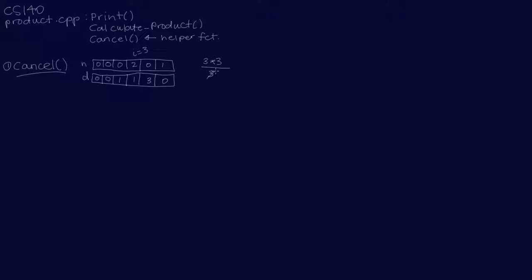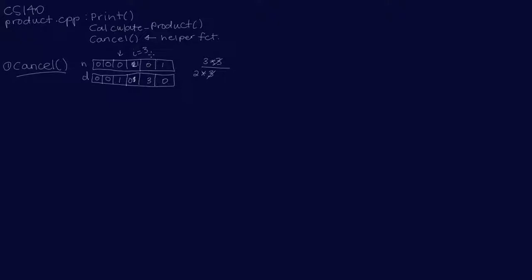I want to cancel these guys out, and what I should have left is a 0 in the denominator and a 1 in the numerator. Note that I skipped over this index, even though there's a non-zero number in the denominator, because there's nothing to cancel. So this represents a 2 down here.